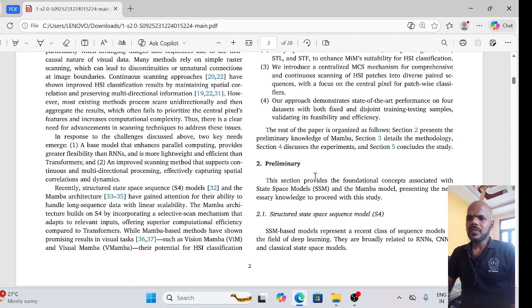Some papers may not discuss related work or literature survey. That is not an error at all. That depends on the journal templates. They may not discuss it, and it is not a fault. So majorly every research paper has these parts.